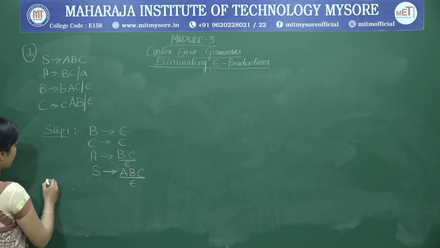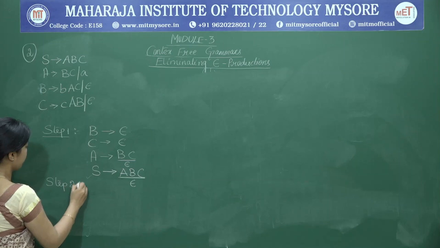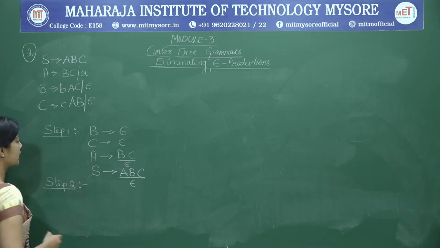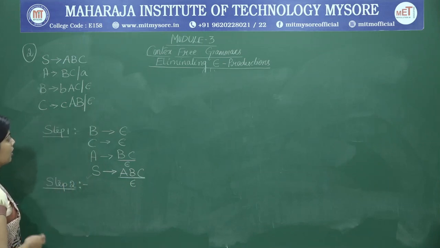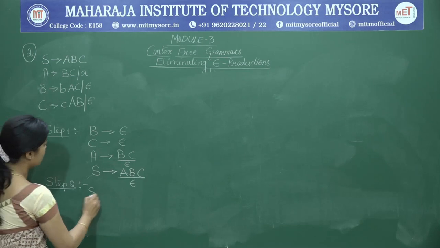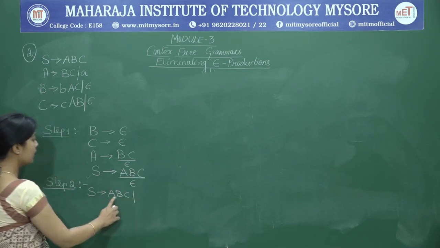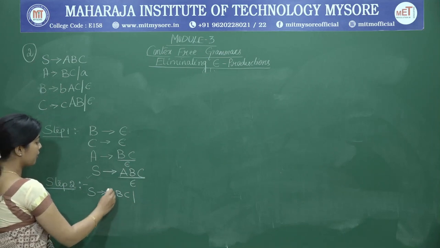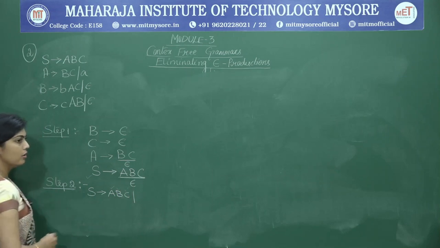Now the second step is to replace the different production rules such that we can eliminate B goes to epsilon and C goes to epsilon, which are direct epsilon productions. So first we will pick up S goes to ABC. In ABC, we identify that A is also nullable, B is also nullable and C is also nullable.